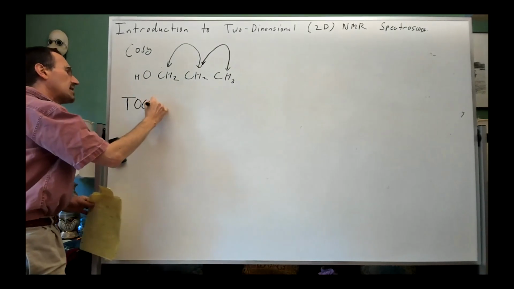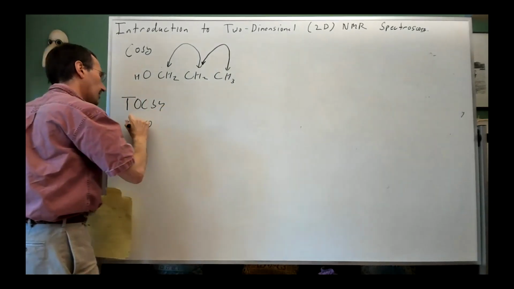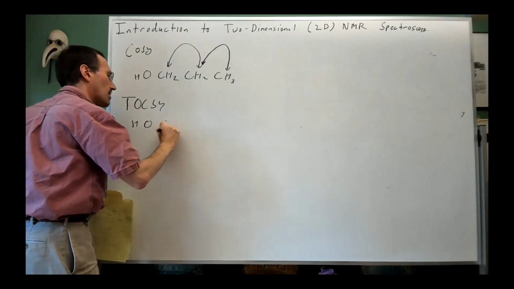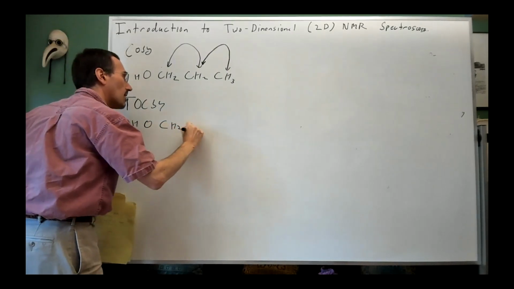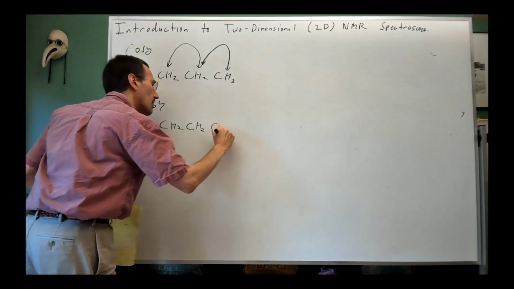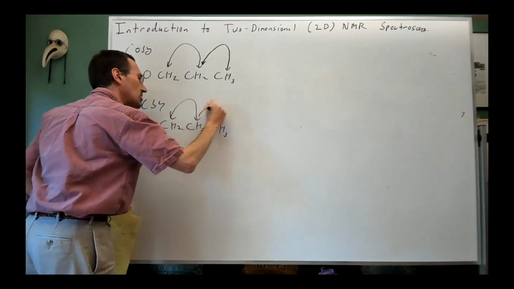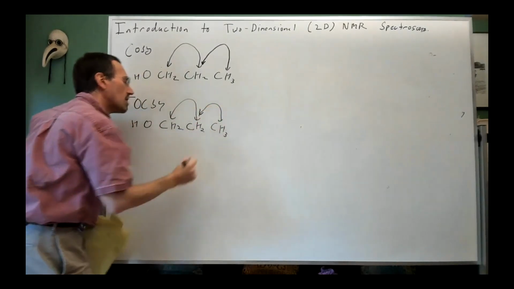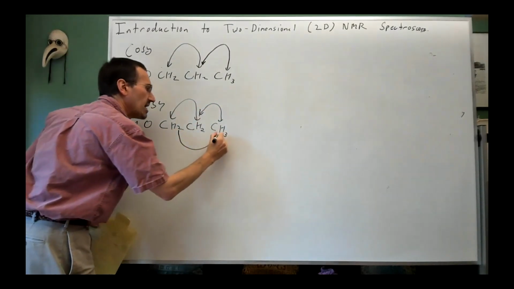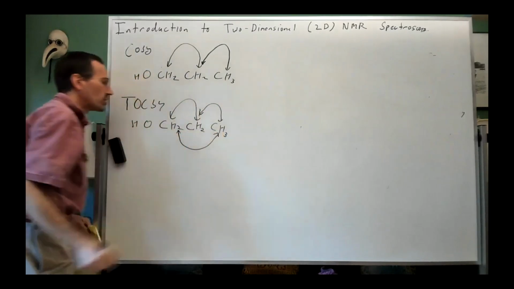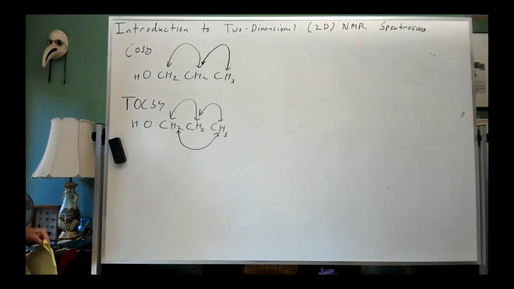For TOCSY, we're again going to get these 2 correlations, but we're going to add in 1 more correlation. Those correlations will appear as cross peaks.